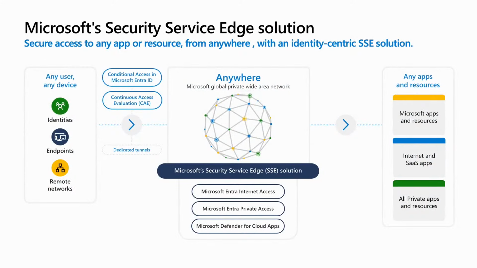Our identity-centric SSE solution helps you secure access to any app or resource from anywhere, where you can enforce unified conditional access policies, all managed in Microsoft Entra. With identity and network access solutions working together, you can bridge the gaps across multiple tools in one place and configure unified identity and network security controls with conditional access in Microsoft Entra.